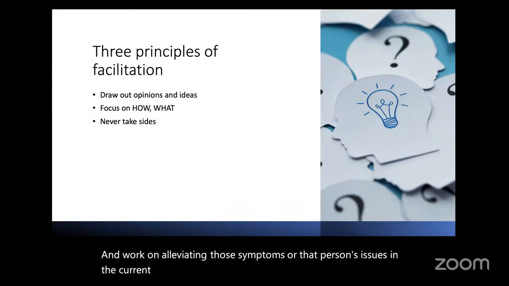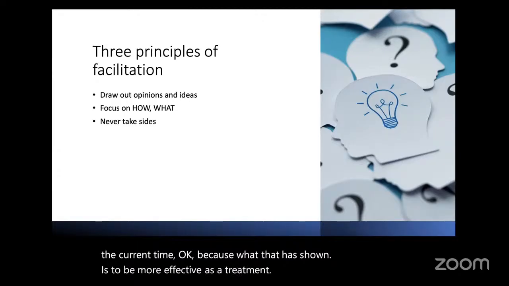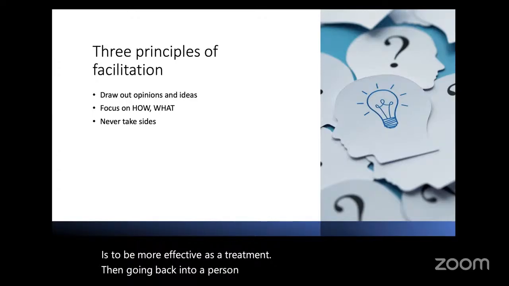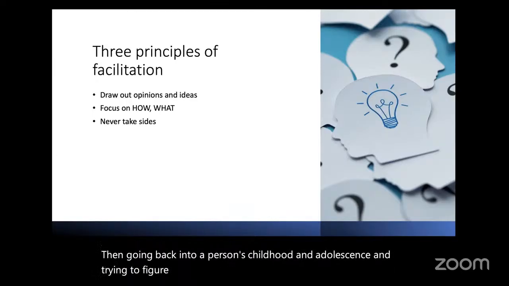Because that has been shown to be more effective as a treatment than going back into a person's childhood and adolescence and trying to figure out when this started, and how it developed over time.